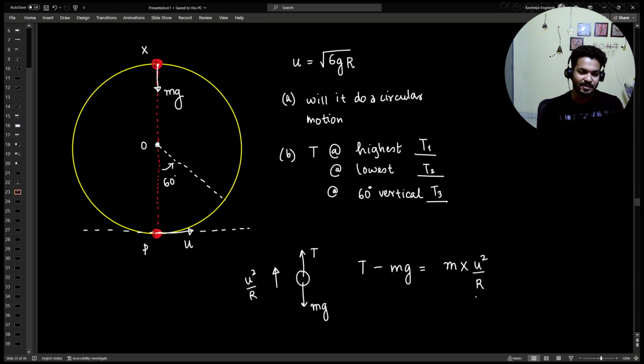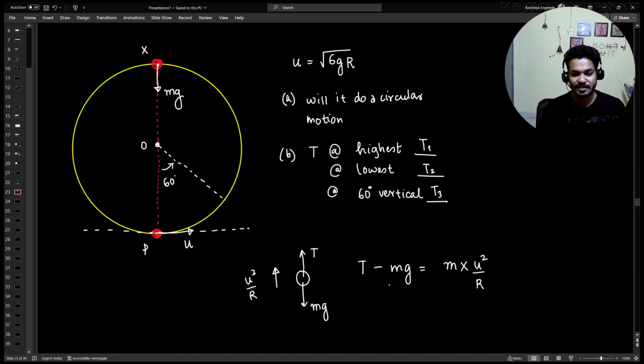Okay, so please understand that sometimes you can get the calculation correct, but the underlying concept is wrong. That's what is happening with Trisha here. I never said that centripetal force is real. I always said that some force or the other will be acting as a centripetal force. So saying that mu square by r is a centripetal force is completely wrong.